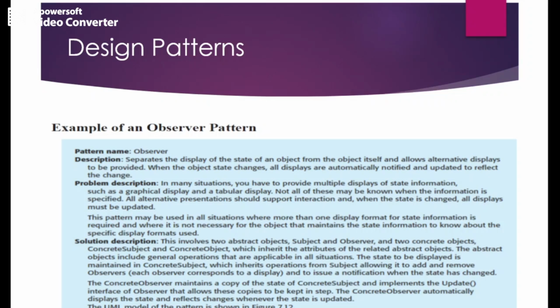Therefore there is minimal coupling between these objects. Why? Because the subject class will be knowing only about the abstract observer, but will not have any idea about the concrete class.